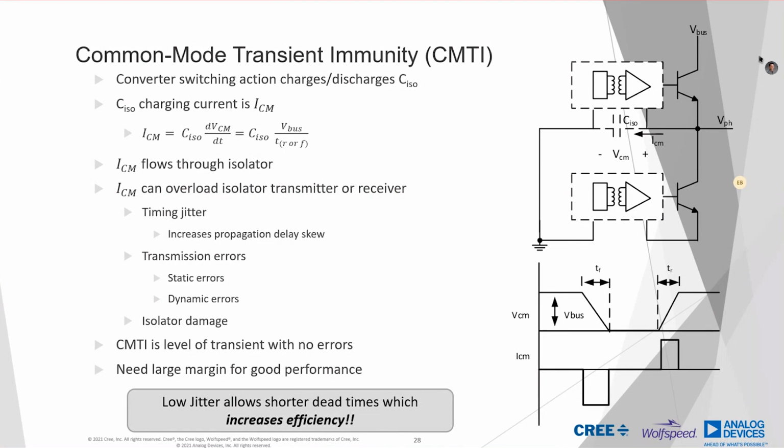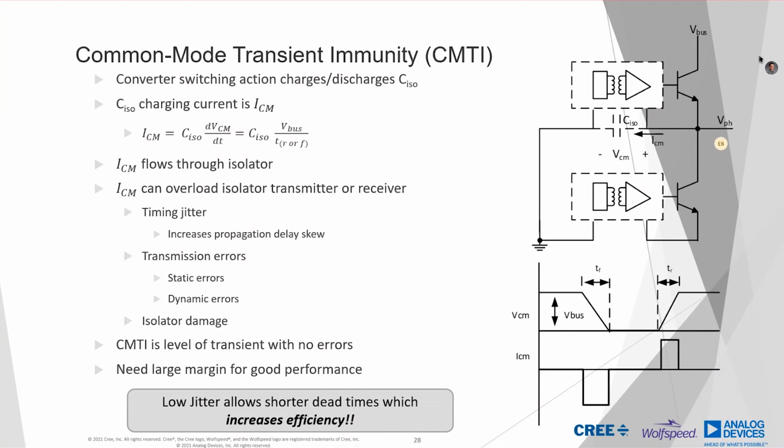So when we're doing the normal switching action, we're going to basically move this node up and down. And as Adam was talking about with the layout, you want to minimize your capacitance here so that you're not charging and discharging the capacitance as much as or any more than you need to.